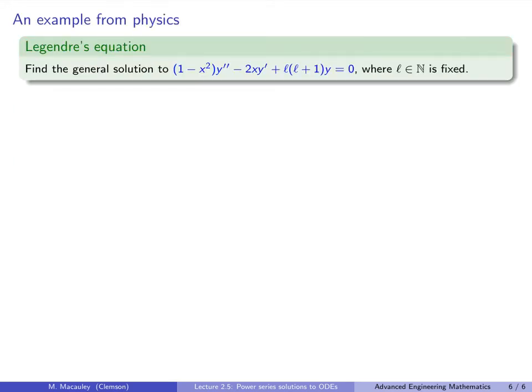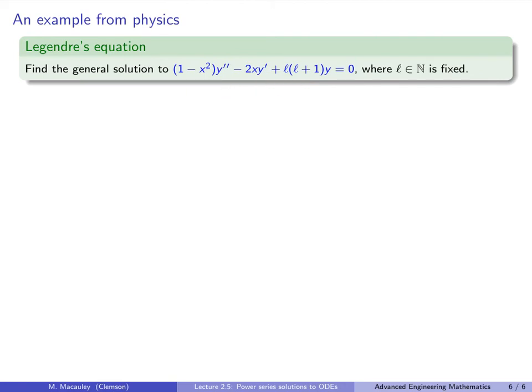I want to conclude with an example from physics that we will return to several times in this course, especially when we study partial differential equations in spherical coordinates. There's this partial differential equation, this PDE called Laplace's equation, which comes up in the heat equation and the wave equation both. When you convert it into spherical coordinates, it gets more complicated, and when you solve it, you end up getting this ODE embedded inside, and that's this guy.